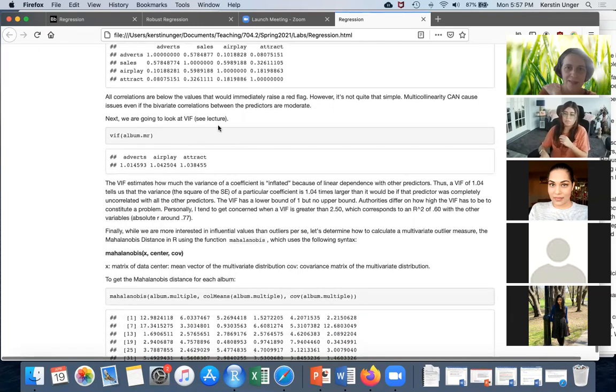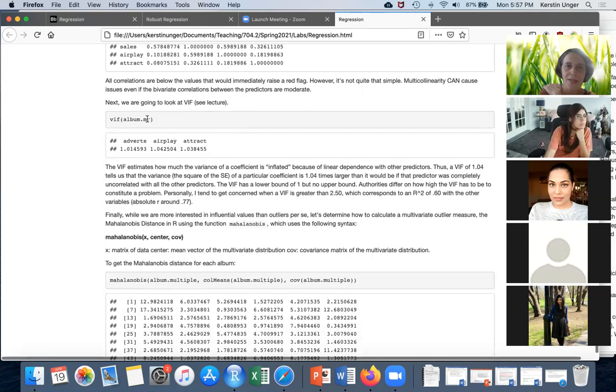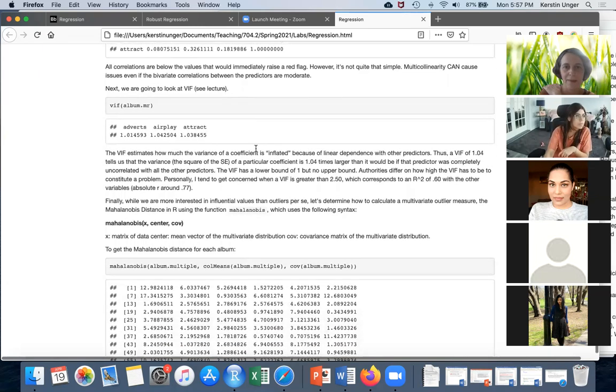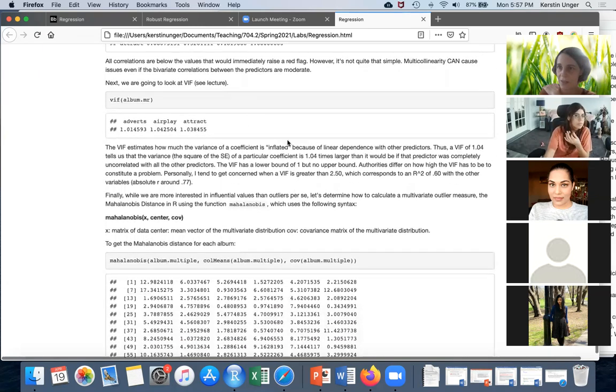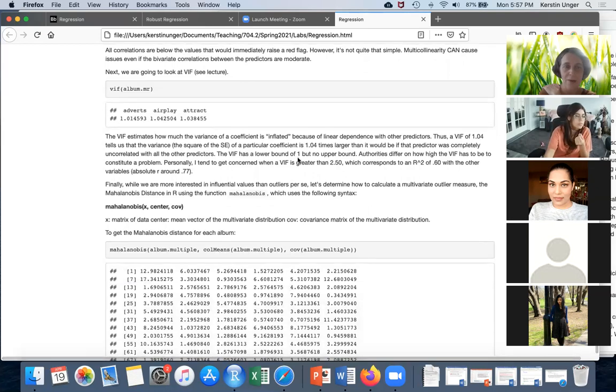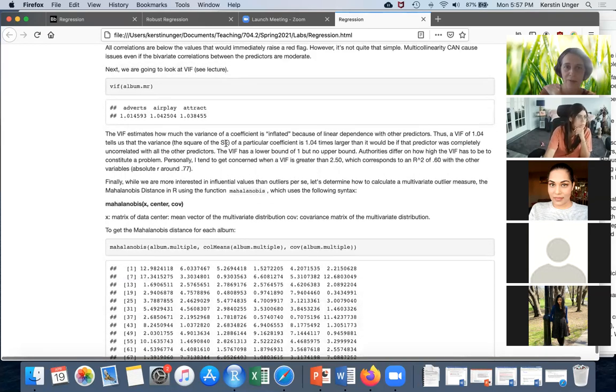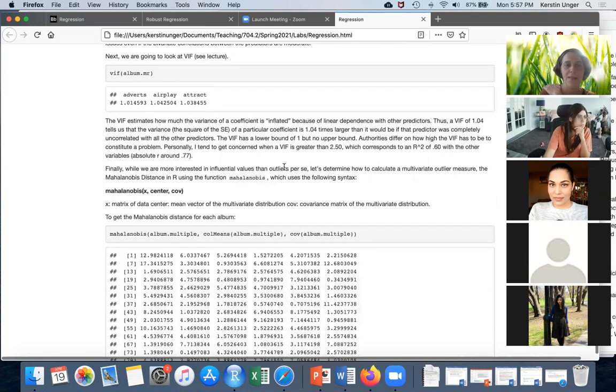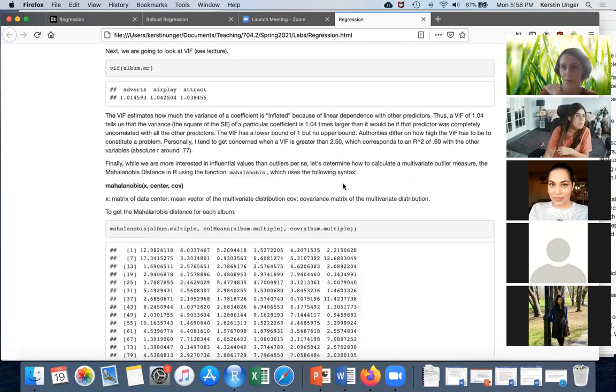All right, so the VIF criterion is one that is frequently used to quantify the amount of multicollinearity between your predictors. It basically estimates how much the variance of your coefficients, or your error variance, is inflated because of the dependency between the different predictors.